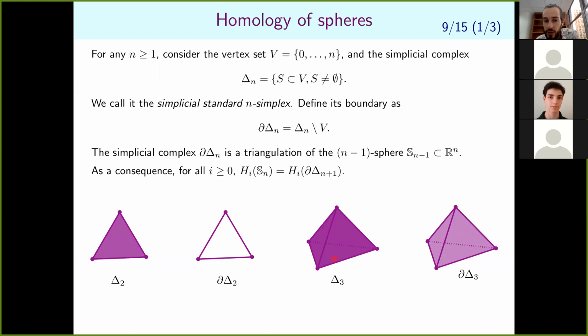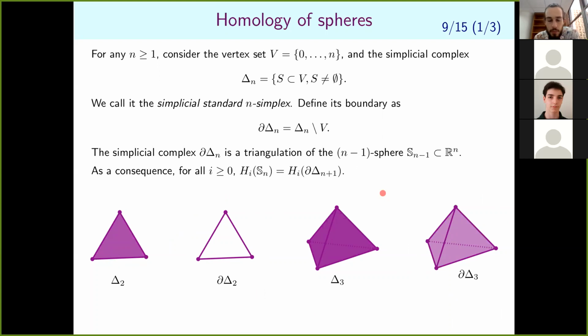The boundary of delta 3 is this empty tetrahedron. And the result is that these simplicial complexes are triangulations of the spheres. This is a triangulation of the one sphere, the circle. This is a triangulation of the two sphere, the sphere in the space, and so on.